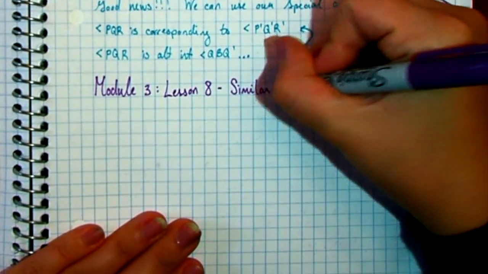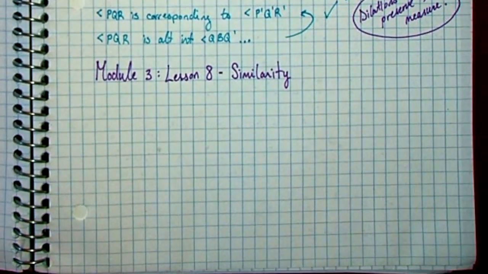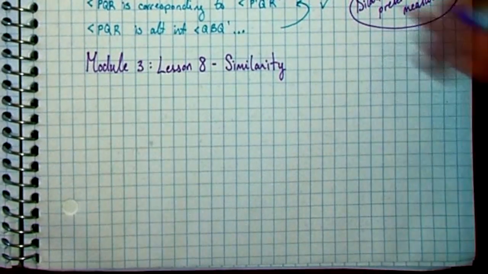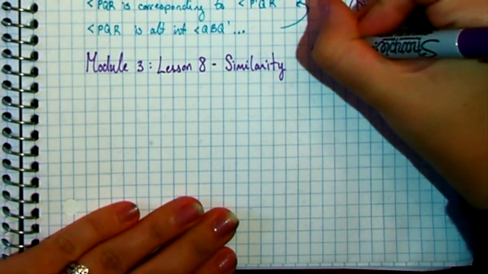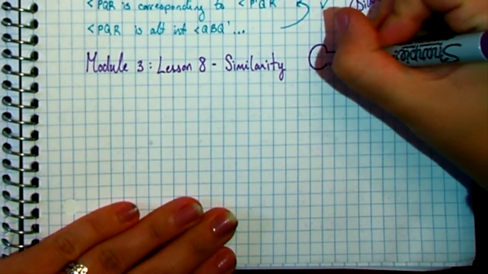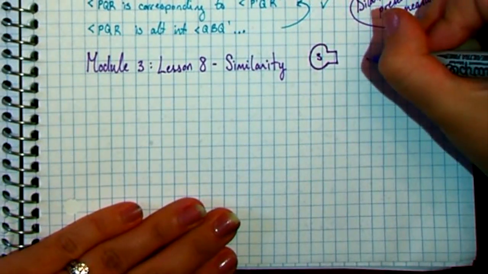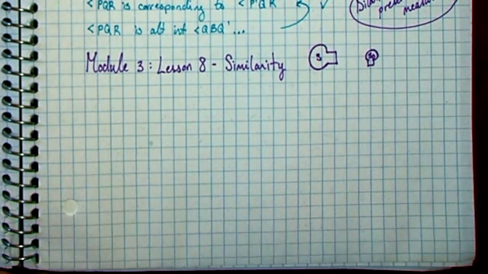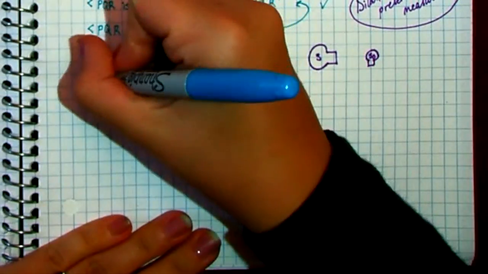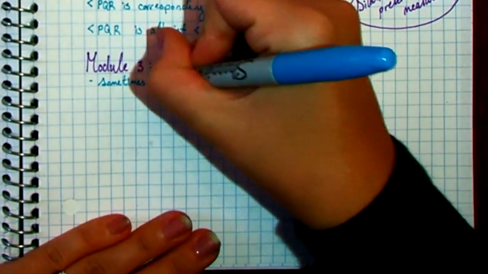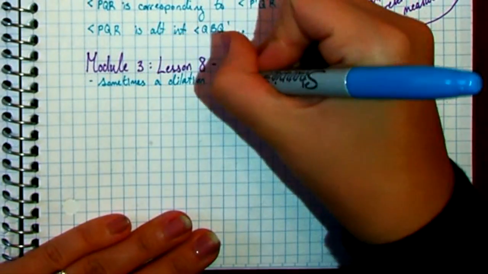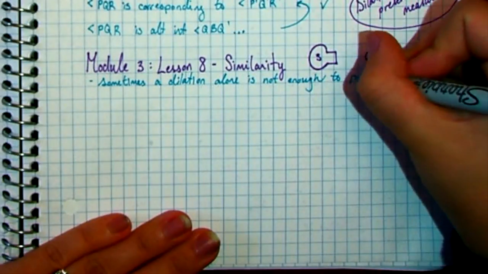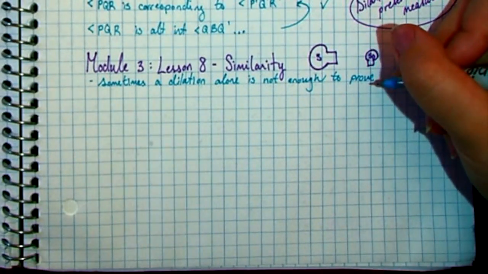Moving into Module 3, Lesson 8, which is on similarity, we're going to look at the idea that two shapes can be similar and how to prove that those shapes are similar. If I have this funky little circle shape, S, and then a smaller version of that shape, S sub 0, we can see that sometimes a dilation alone is not enough to prove similarity.